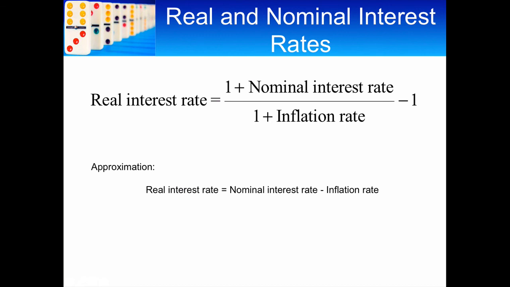So it's quite a simple formula. When you're dealing with very small inflation rates or very small interest rates, the approximation is surprisingly very close to the actual formula. And the reason is that the compounding effect is really quite small when the actual values are small.